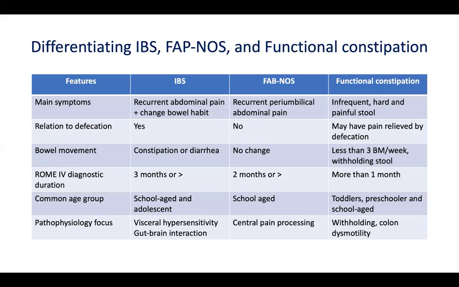This table here differentiates between the three types: IBS, functional abdominal pain not otherwise specified, and functional constipation. All of them present with abdominal pain, but there are differences. In IBS, usually the abdominal pain is recurrent and associated with a change in bowel habit related to defecation, and usually it improves or worsens with defecation, and you have constipation or diarrhea or both.